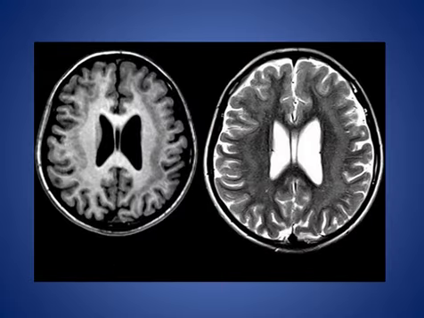Next case, we see here in this axial MRI, T1 and T2 weighted images, slightly dilated lateral ventricles, left more than the right, and we see there is bilateral band heterotopia surrounding the lateral ventricles, more prominent on the left side than on the right side.